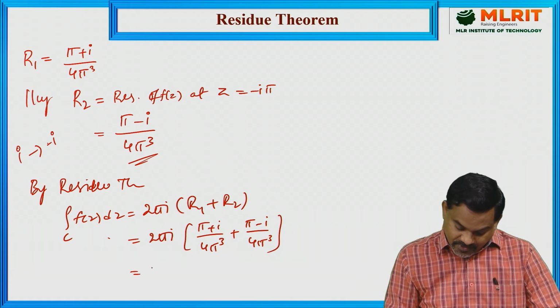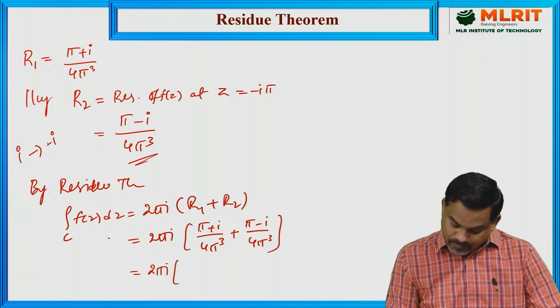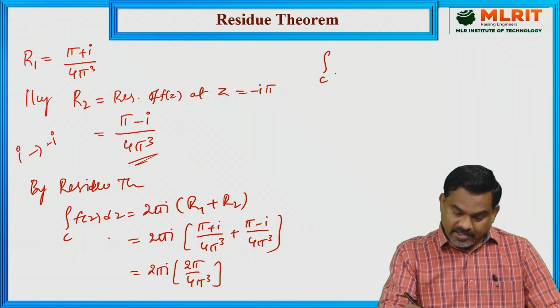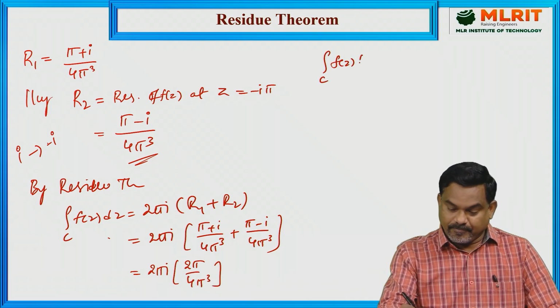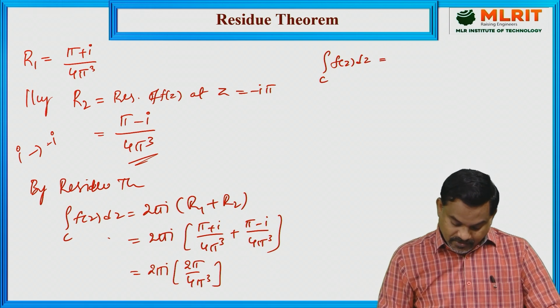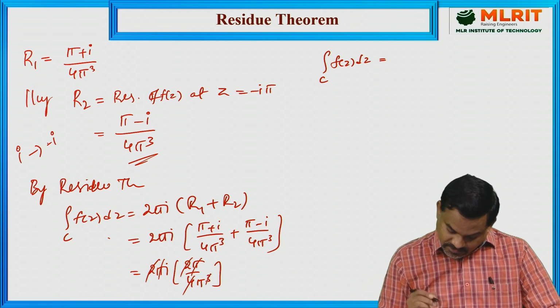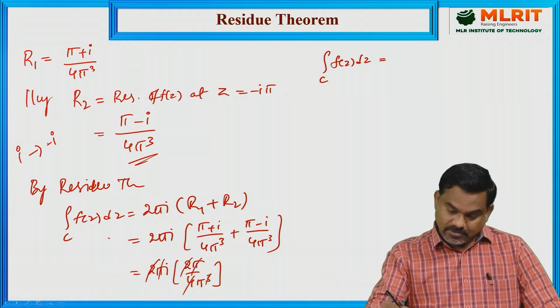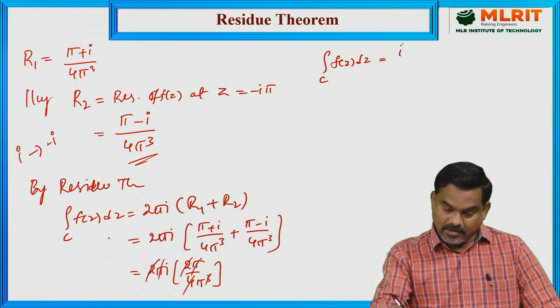So, here 2πi into π by 4π cube. So, 2π by 4π cube, the 2 and 4 get cancelled, π, π, and here the cube cancels. So, the answer is i by π.